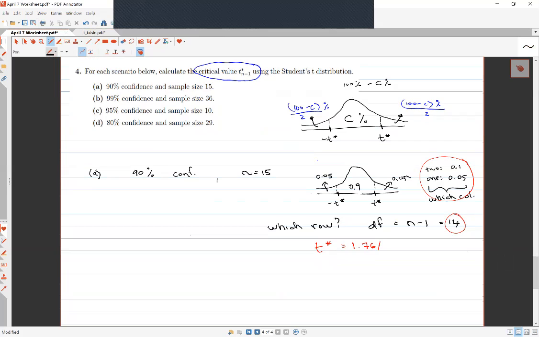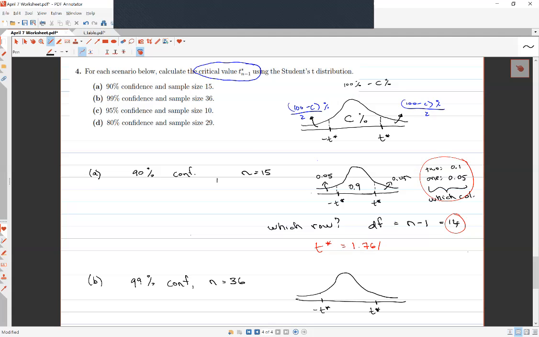Let's do the next example here. Let's say you were working with 99% confidence and your sample size is 36. So again, it can be helpful to visualize that bell curve.